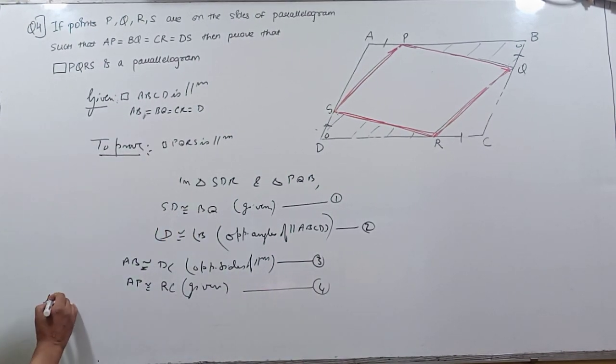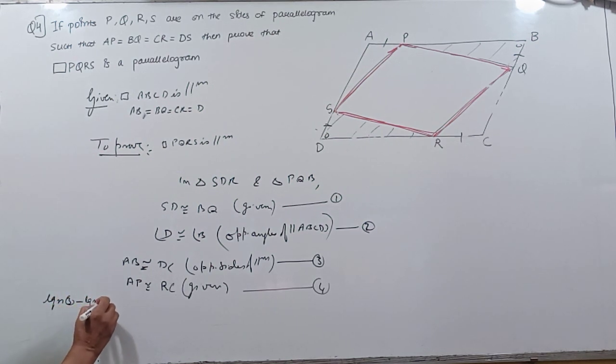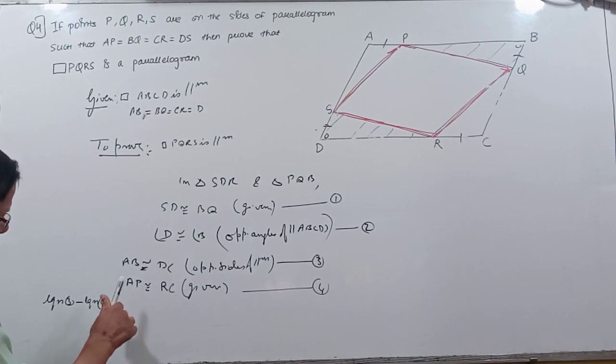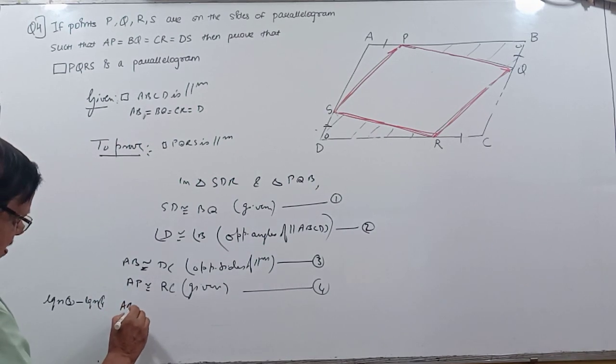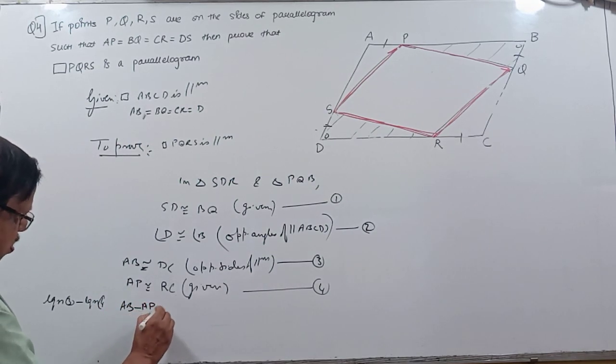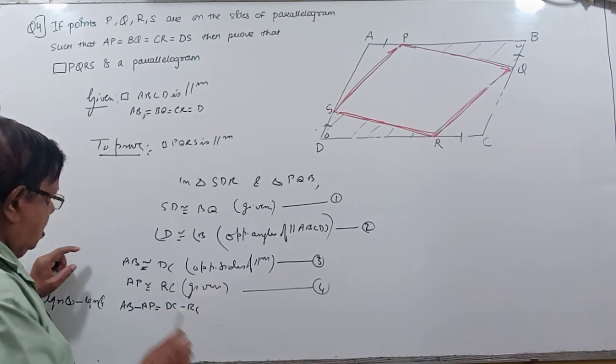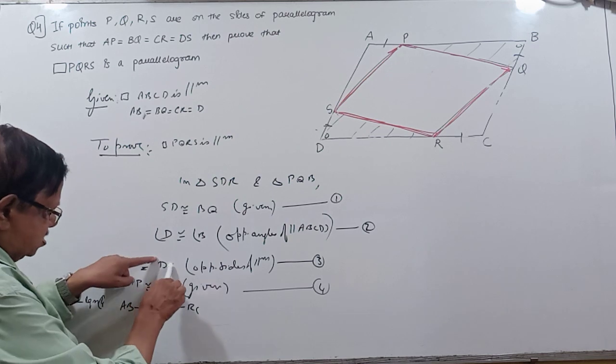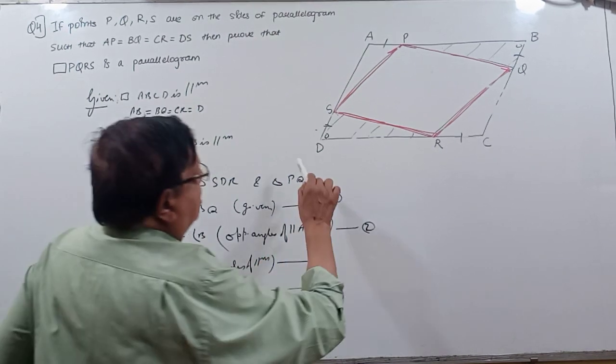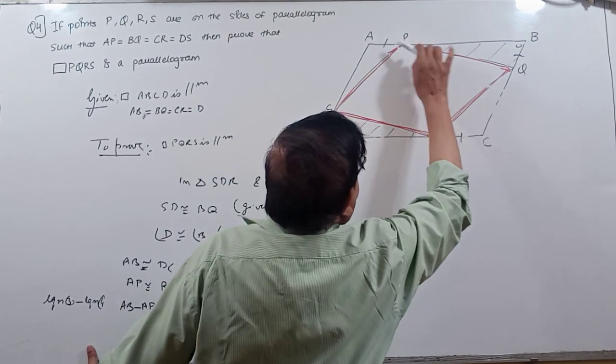Equation 3 minus equation 4. We will subtract: AB minus AP equal to DC minus RC. AB minus AP is PB.